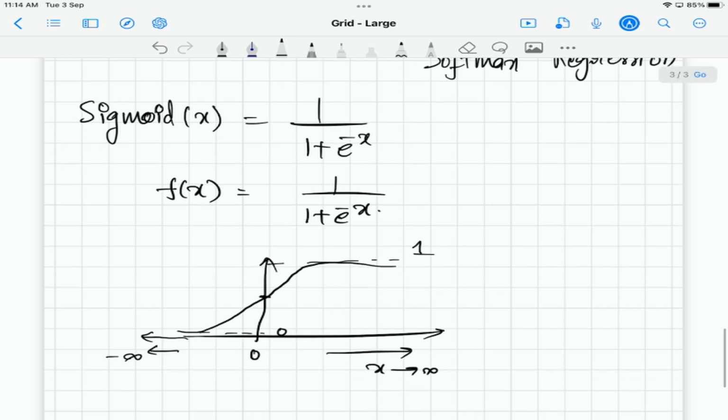Can you derive the derivative of the sigmoid function? Please write down and derive the derivative for sigmoid.